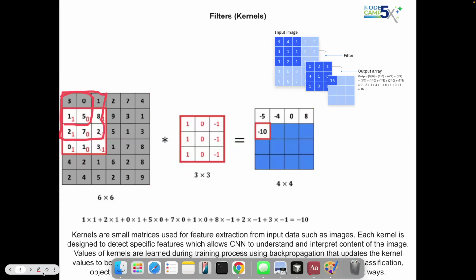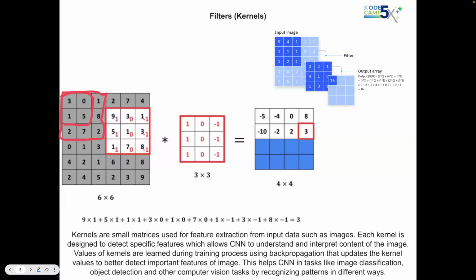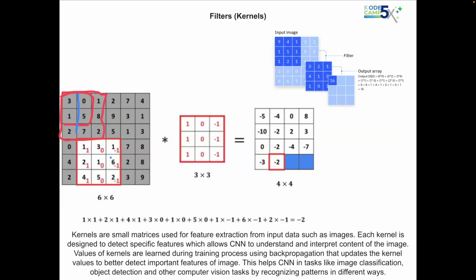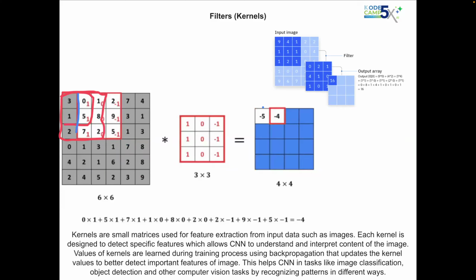So what do we do? We move one step ahead. For example, we perform one operation in this place, we store the result in a new array, and then we move one step.